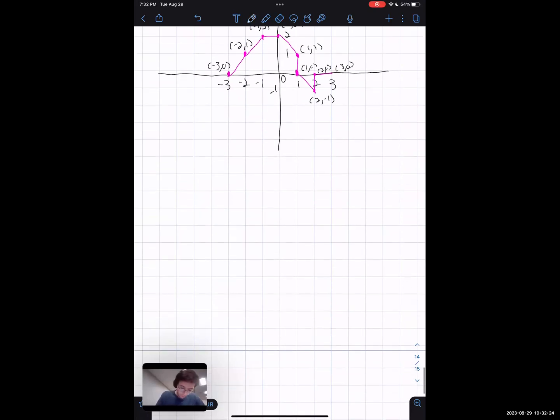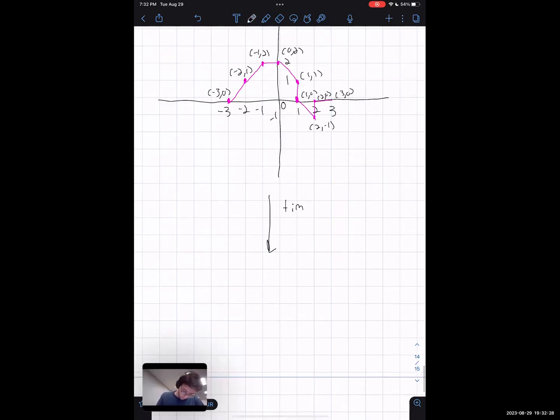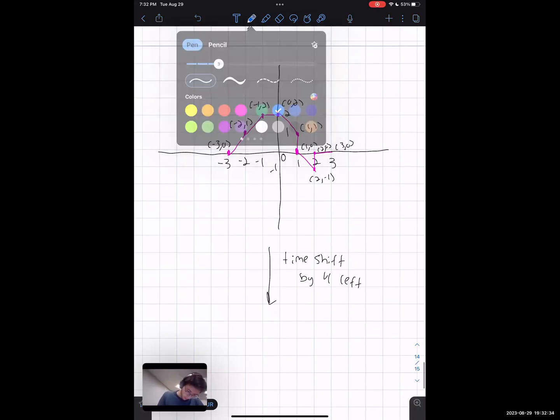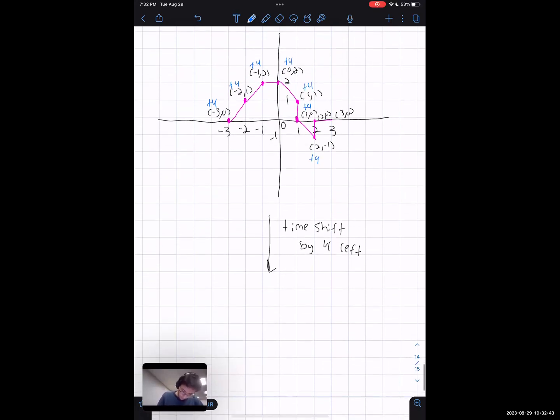So first we're going to time shift by 4 points left. So what does that entail? We're going to add +4 to all these x coordinates here. So +4, +4, +4, +4, +4, +4. Okay, so all of them.